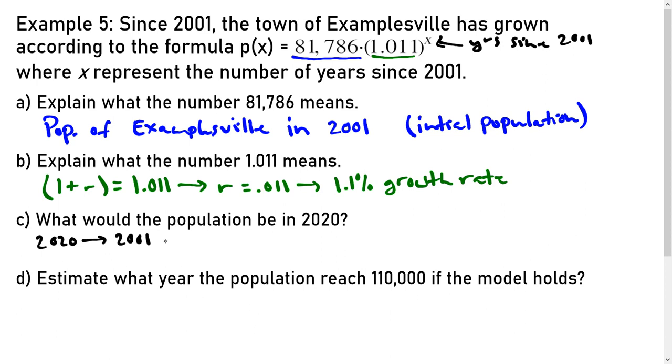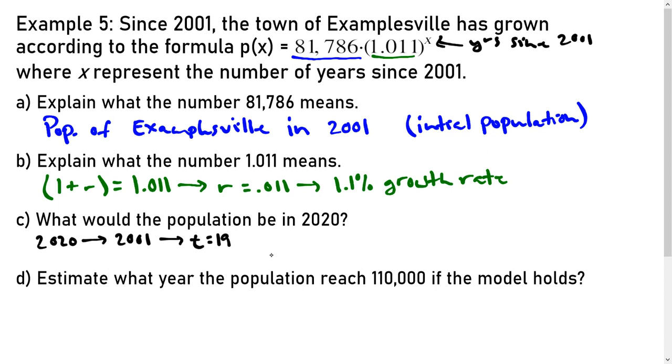Well, that indicates that t would be equal to 19, because if you add 19 years to 2001, you get to 2020. Do not just go and plug 2020 into this problem, because that would be 2020 years after 2001. And at the rate we're going, we might not really have a planet anymore at that point. So maybe let's stick with 19 on this one.